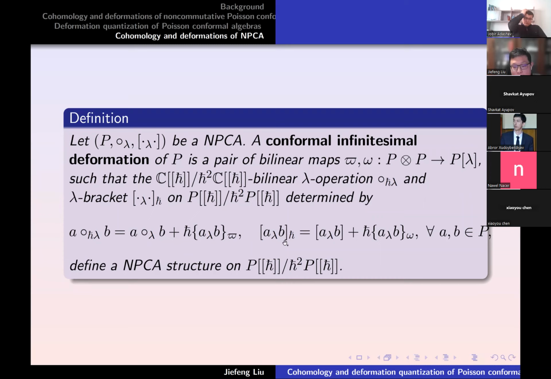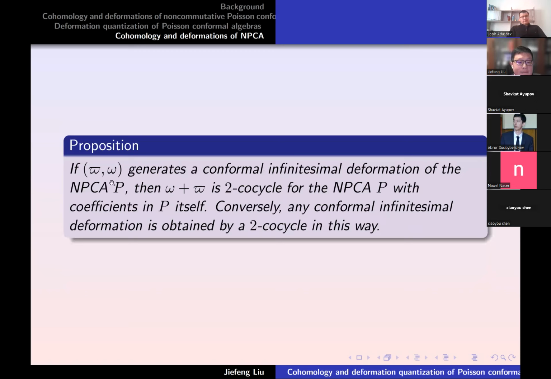This is the lambda bracket. They define an NPCA structure on this space. It's similar to the classical case. Then, if (pi, omega) generates a conformal infinitesimal deformation of the NPCA P, then omega plus pi is a 2-cocycle for the NPCA P. Conversely, any conformal infinitesimal deformation is obtained by a 2-cocycle in this way.